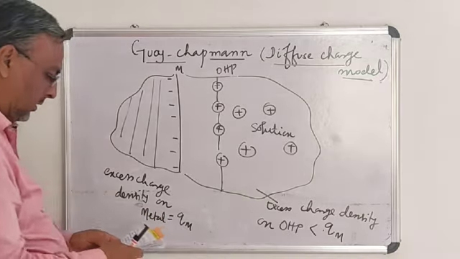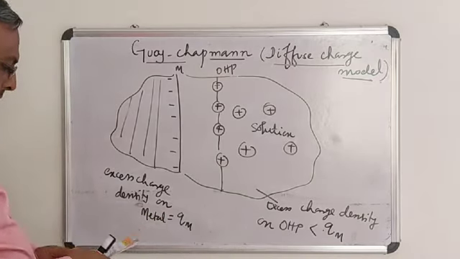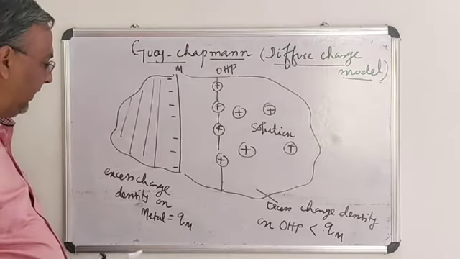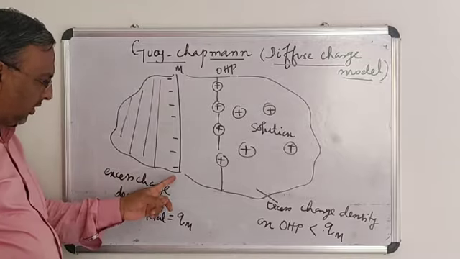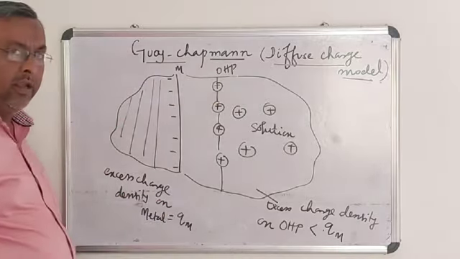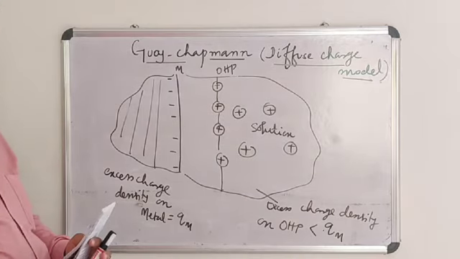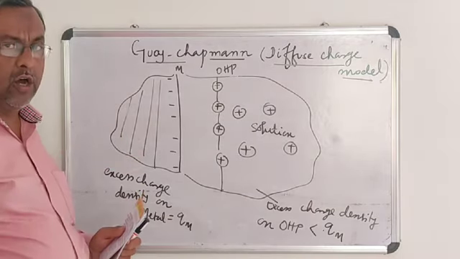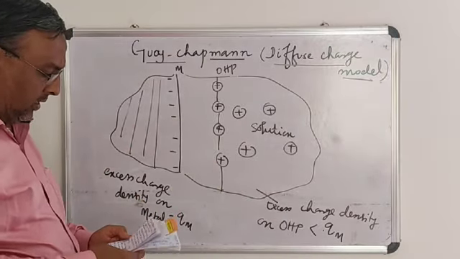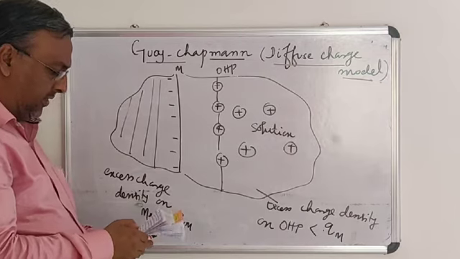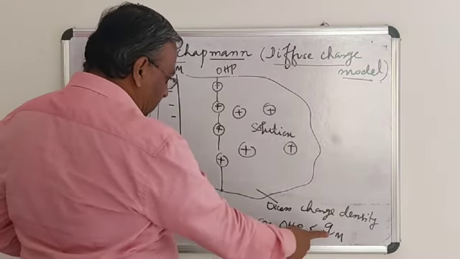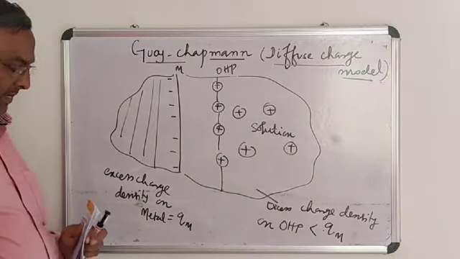Listen, the excess charge density on the metal, according to Gouy-Chapman, is not equal to the charge density on the outer Helmholtz plane, which is formed due to thermal movement of ions in the diffused layer of an electrolytic solution. Okay, this is not equivalent, but this is less than the charge density over the metal.